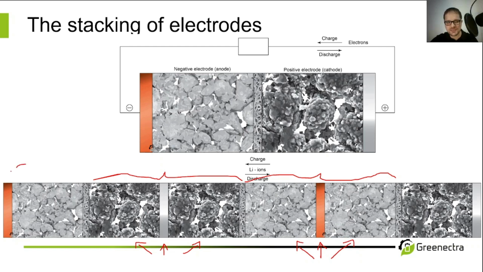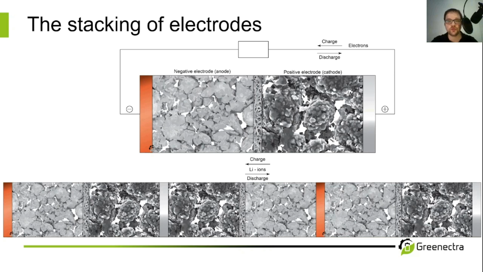On the edges, we still find one copper foil coated on one side only and one aluminum foil coated on one side only. However, all other metal foils within our battery cell are coated on both sides with active material.